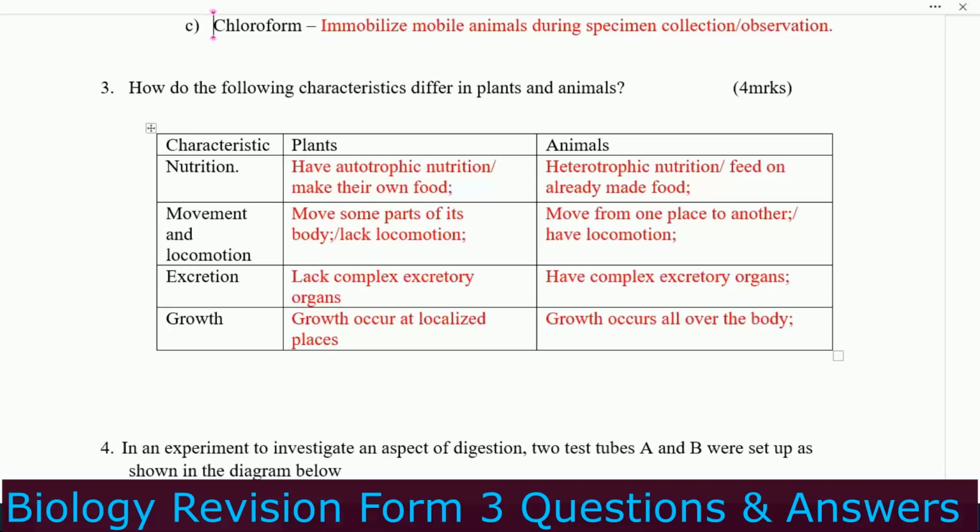They do not move from place to place, though they may move parts of their body, while animals move from one place to another. They have locomotion. What about excretion? In plants, they lack complex excretory organs. Animals have complex excretory organs. On growth, in plants the growth occurs at localized places, but in animals, growth occurs all over the body. That is how you differentiate.